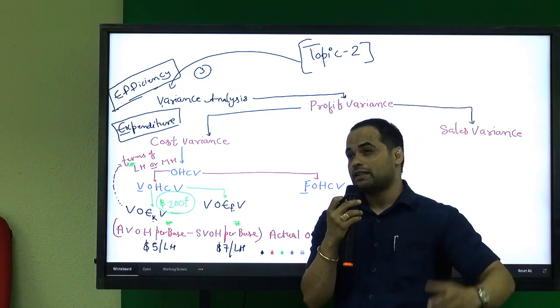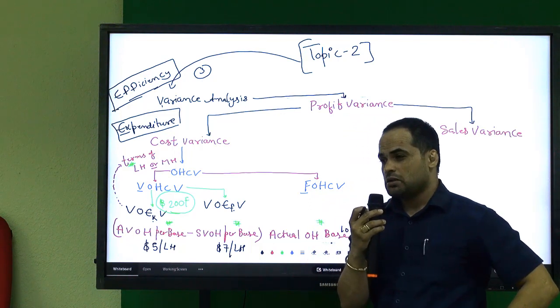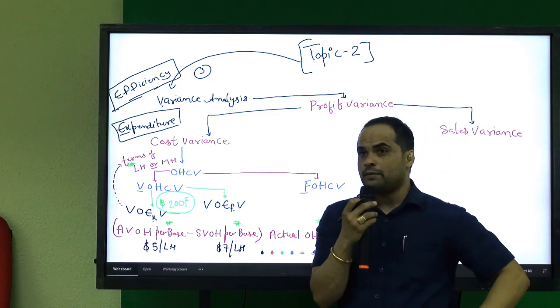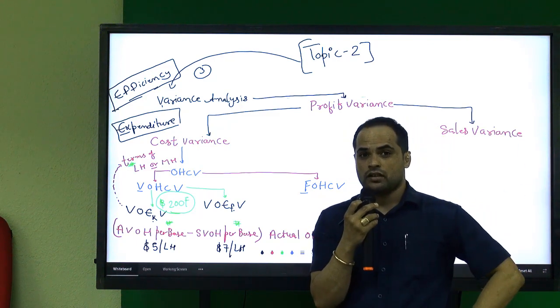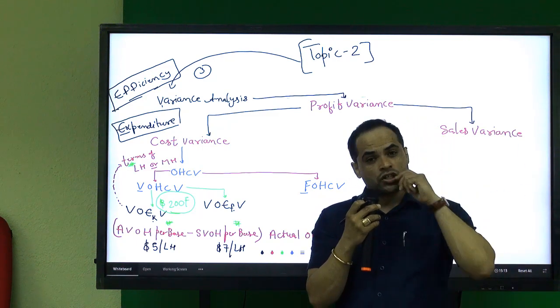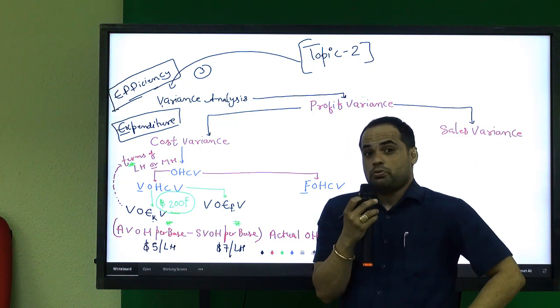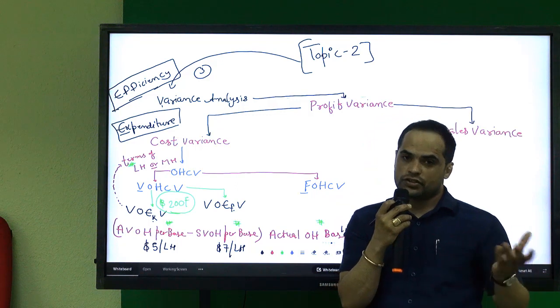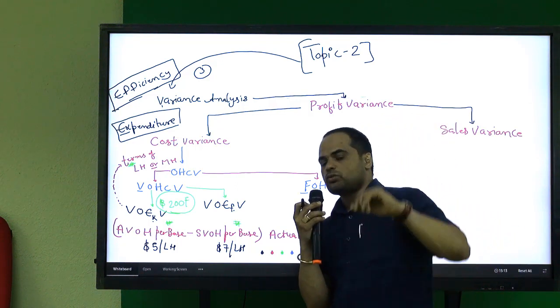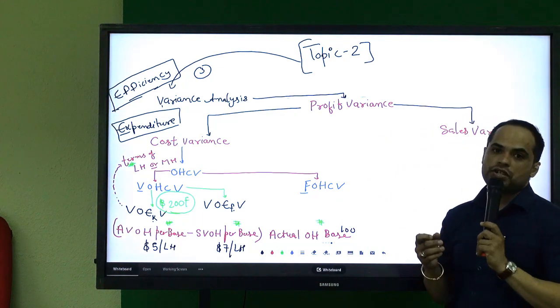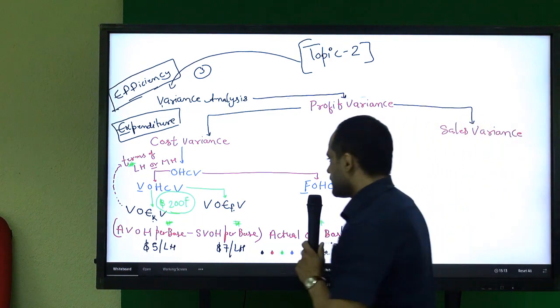So let's say we are expecting that plant assets will run 10 hours in a day and produce 5,000 products, but actually is it running 10 hours and producing 5,000 products or 500 products or not. That's the kind of information we can get through variable overhead efficiency variance, right?